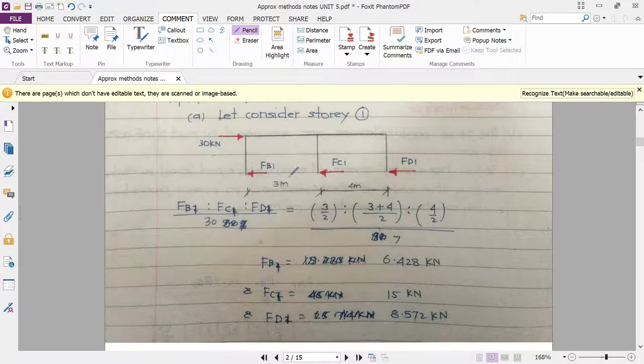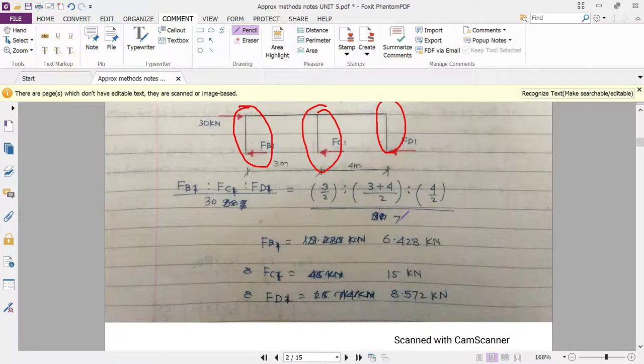At the center, half of this span and half of this span has to be considered, so (3 plus 4)/2, and at the right side 4/2 has to be considered, because the last column will take the shear by the contribution of the half span, 4/2. Divided by the total length, which is 3 plus 4, equal to 7.